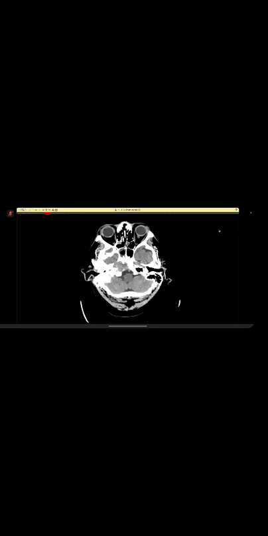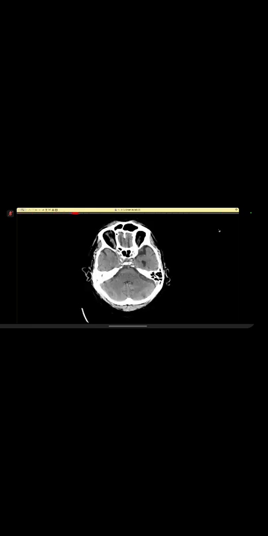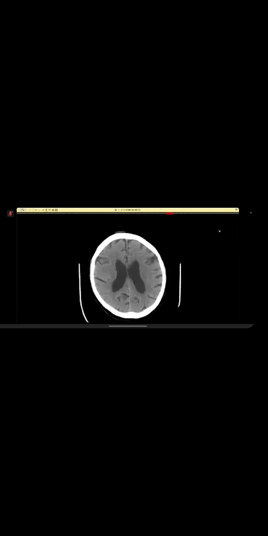Okay, this is a CT axial brain of a patient with history of stroke. I'll take a moment to scroll through the images before I come to the conclusion of my findings.